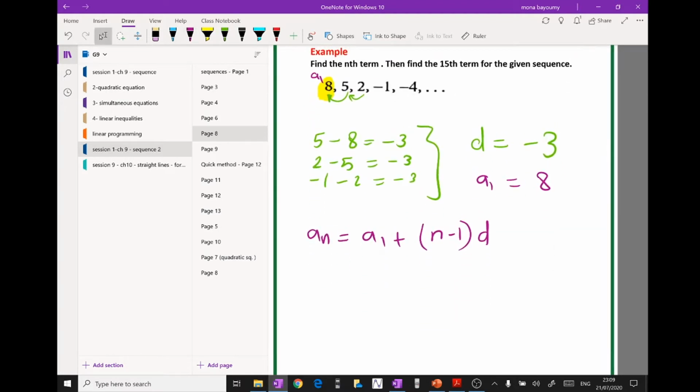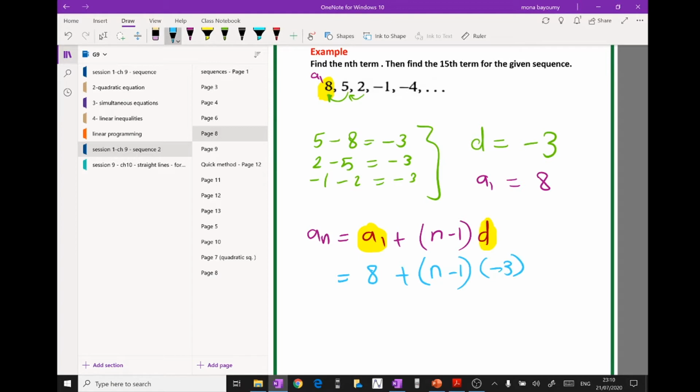Just substitute a1 and d, then simplify our formula. I will substitute a1 and d by the given numbers. It is equal to 8 plus n minus 1 times d, where d is equal to negative 3.